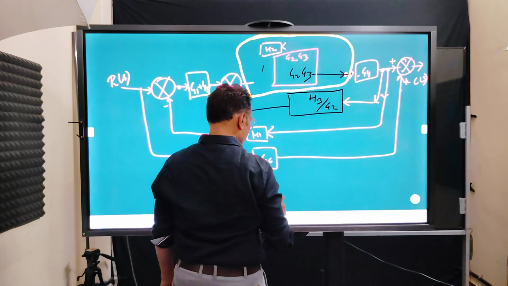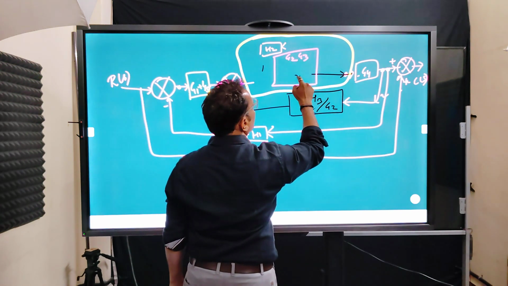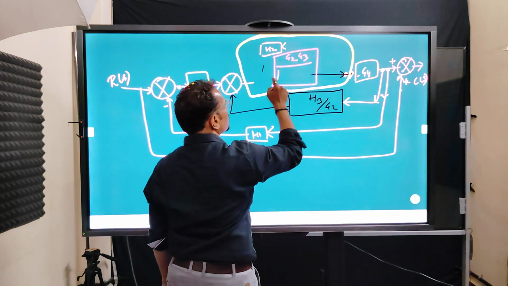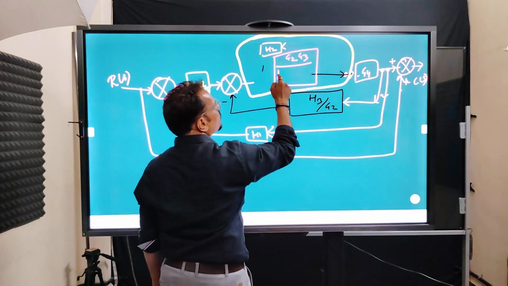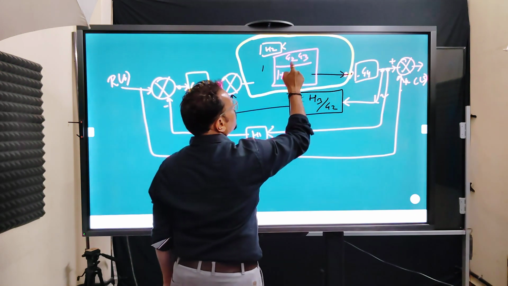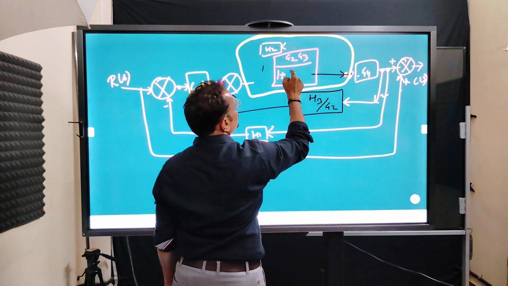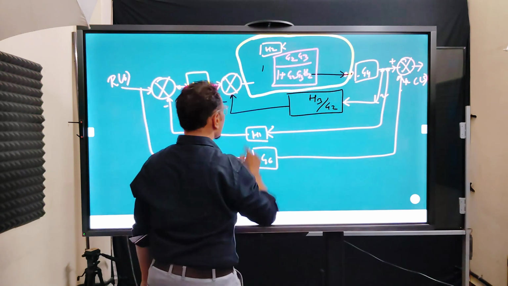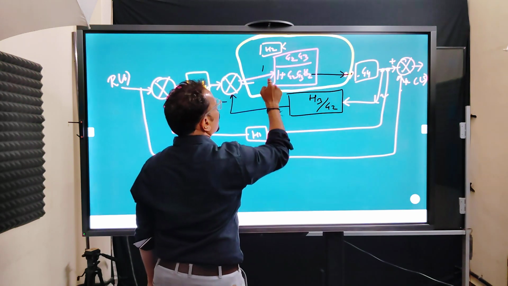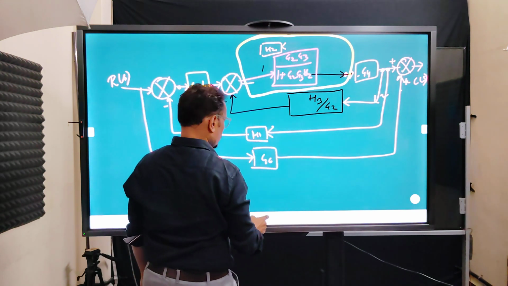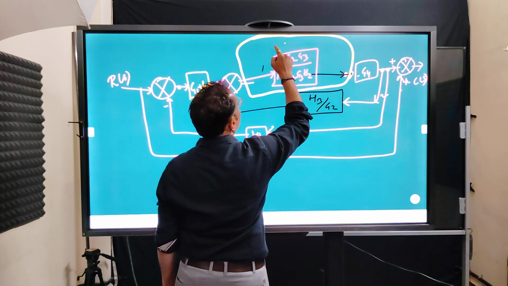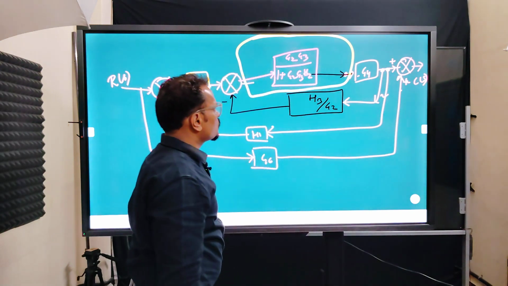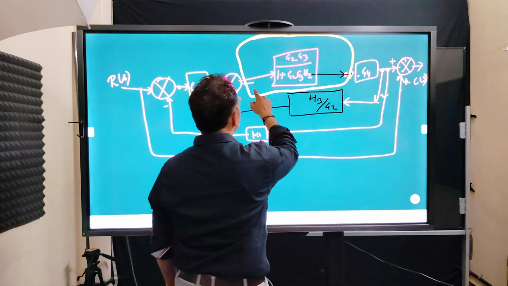Then divide this by 1. We have it in minus sign, so we have to write it as plus. Then this multiplied by this, so we'll have G2, G3 multiplied by H2. And this is now reduced. We made a connection like this.